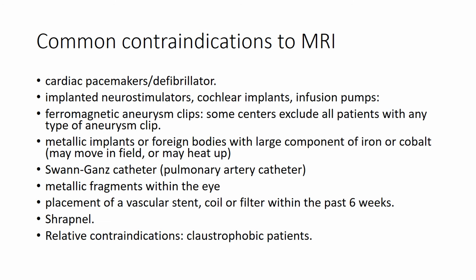A relative contraindication, which is common, is claustrophobic patients. Claustrophobic patients are patients who are afraid of being in a closed space, in a closed room, in a machine, to have a scan, etc.